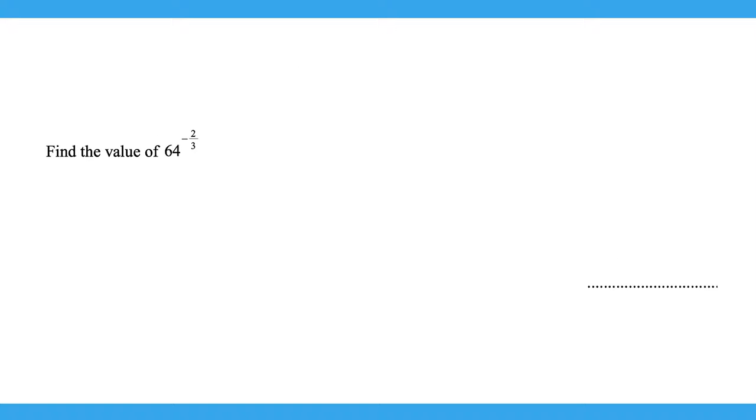Next question. It says find the value of 64 to the power of negative 2/3. So again, let's work through this step by step. We have a negative, so we need to find the reciprocal. So the reciprocal of 64 is 1 over 64, and that's still to the power of 2/3. Now we need to split this apart.